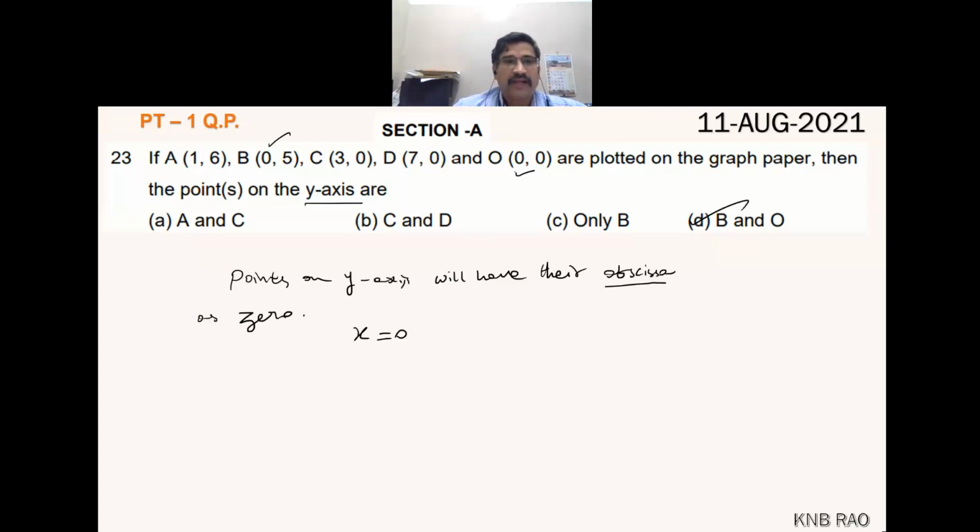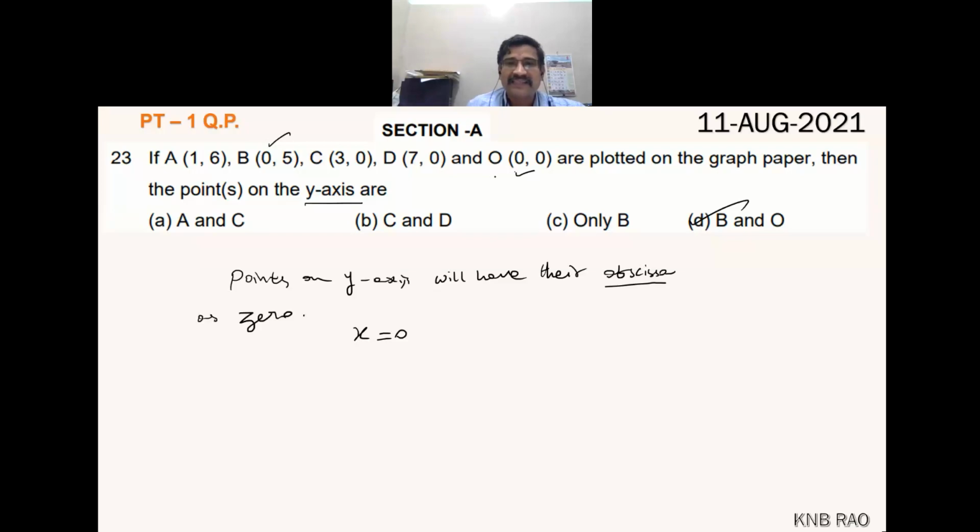Now let's move on to the next question. O will lie on the origin, in the middle, where one more ordinate is there. Ordinate is another name for the y coordinate. But this is a point having both coordinates, x coordinate and y coordinate, abscissa and ordinate.